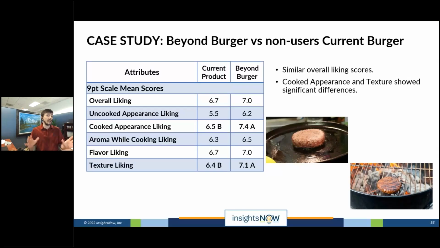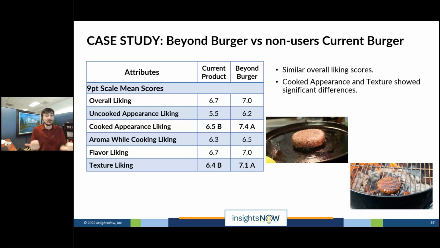When we did this, we had a fairly classic questionnaire. We wanted to get some of the traditional measures. So we had overall liking, 9-point scale, appearance liking, texture liking, and so forth. One of the things you notice is when people have their current product, they like their current product. They also like Beyond Burger.